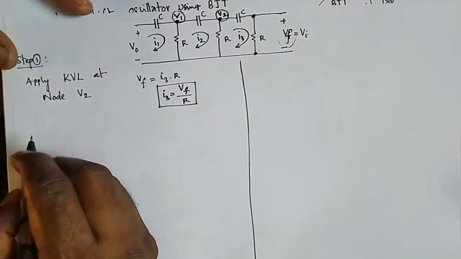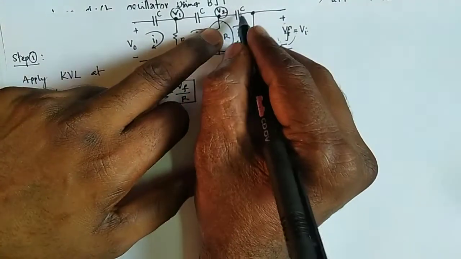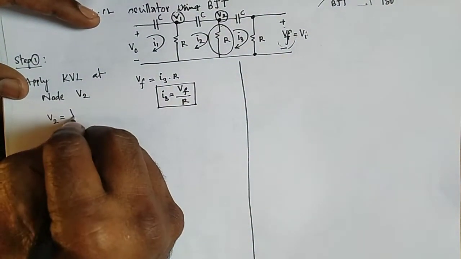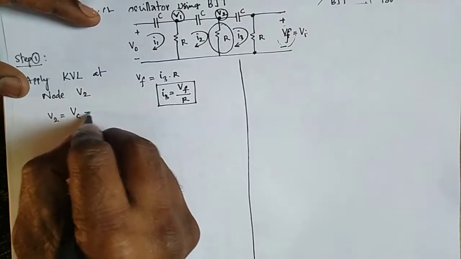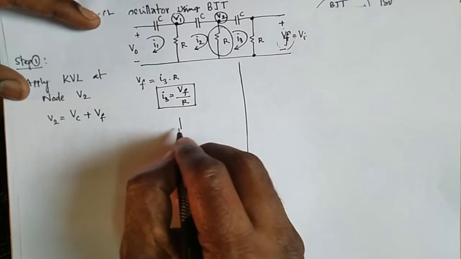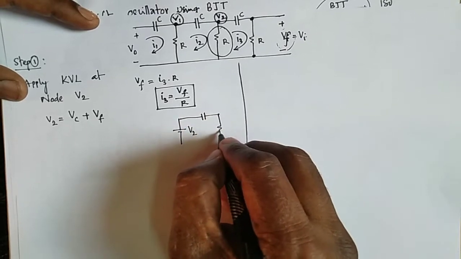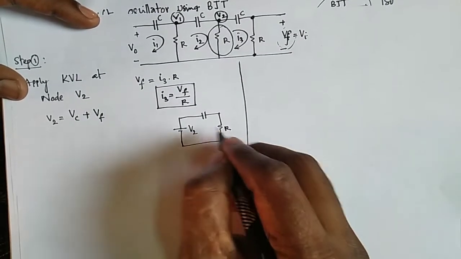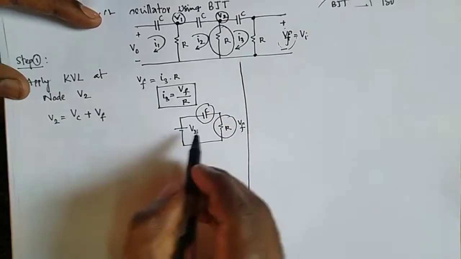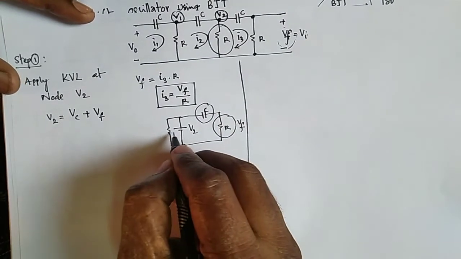So the V2 value is the voltage drop across this. V2 is equal to the sum of these 2 values: the voltage drop across the capacitor plus the voltage drop across the feedback resistor. This is the capacitor and this is the resistor. The voltage across the capacitor is Vc, and the resistor is in parallel, so the voltage is the same.